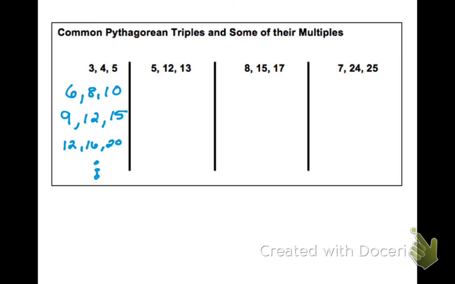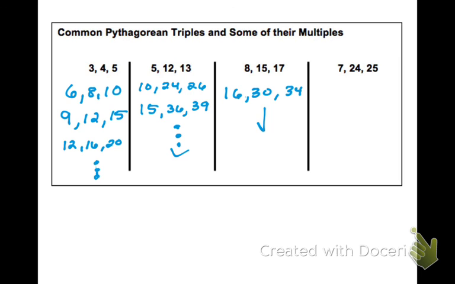5, 12, 13 is another Pythagorean triple. Or you could double that to 10, 24, 26. You could triple it, 15, 36, well, it'd be 39, dot, dot, dot, and just keep going down. 8, 15, 17, doubling it, 16, 30, 34, and so forth.